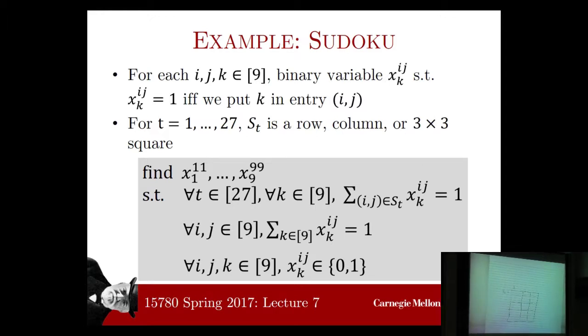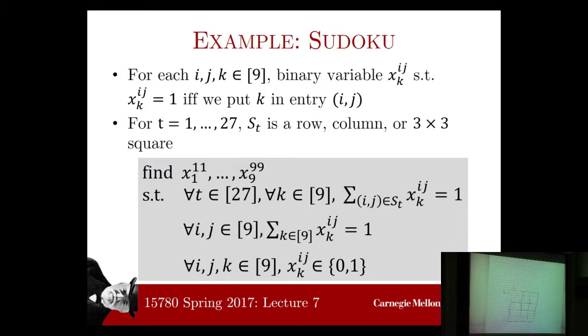So what's my integer program? These are things that I've defined in advance. I have my variables, and I've defined these sets in advance. Now here's the program. I want to find values for my binary variables such that the following constraints hold. The first constraint says that for every row, column, or 3 by 3 square, each one of the numbers 1 to 9 has to appear exactly once in that set.